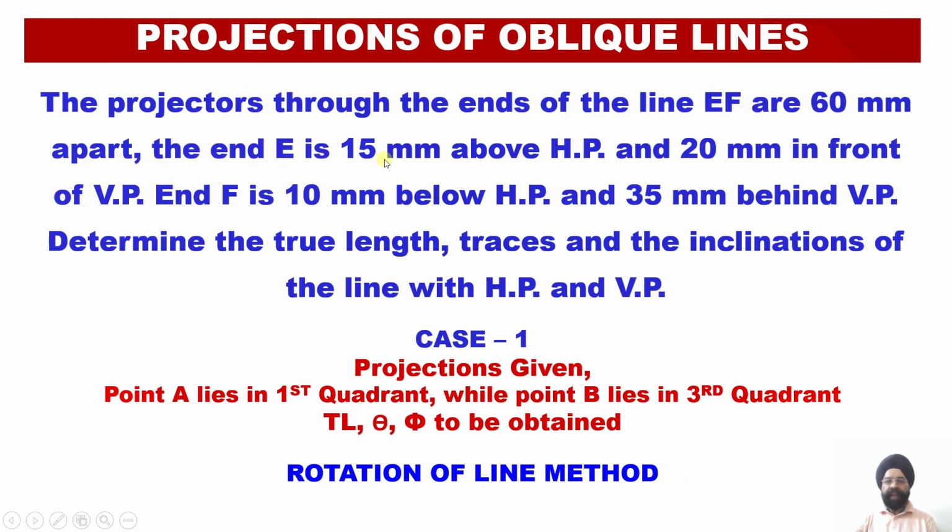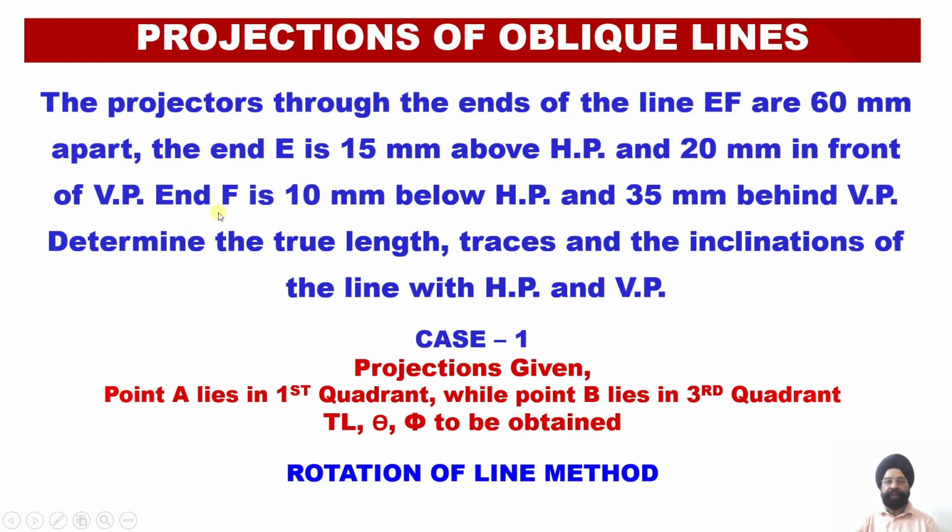End E lies 15 millimeter above the horizontal plane and 20 millimeter in front of VP. So this point lies in quadrant number 1. That is, E dash will be drawn 15 millimeter above the XY line, and the projection E, that is the top view of the end E, will be drawn 20 millimeter below the XY line.